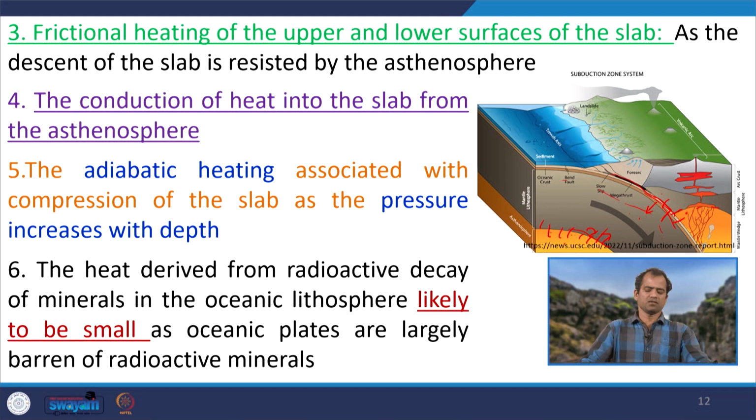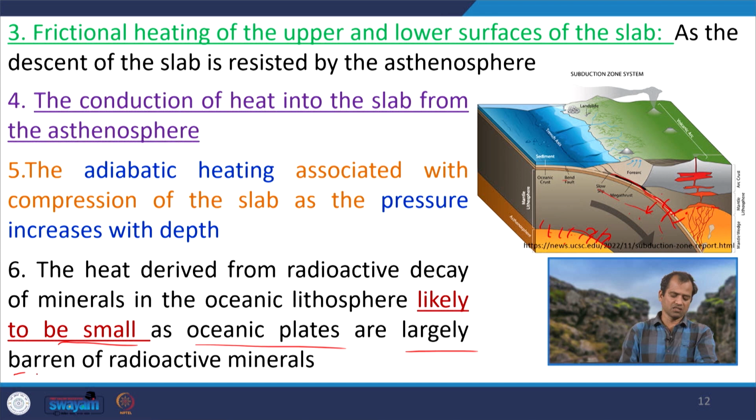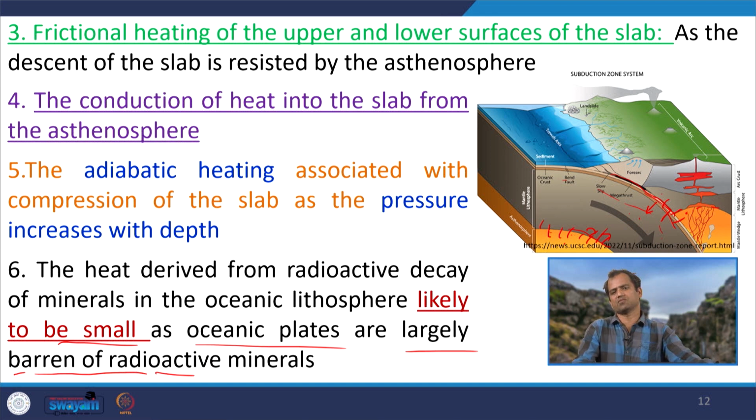Then heat derived from the radioactive decay of materials in the oceanic lithosphere is likely to be small, as the oceanic lithosphere is largely barren of radioactive minerals. We know radioactive minerals like uranium, thorium and potassium are mostly confined to granitic or felsic rocks, rather than basaltic rocks. Some of these radioactive minerals are derived from the sediments, and mostly they are confined to the surface within the sedimentary layer.